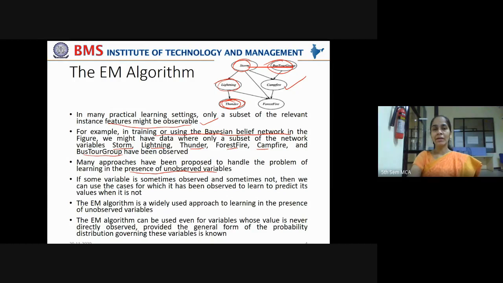There are some algorithms like this which will help us to handle the problem of learning in the presence of unobserved variables. Now, if some variable is sometimes observed and sometimes not, sometimes we can measure them, sometimes we can't measure them. As I said, out of 100 students, 80 students' weight can be measured.